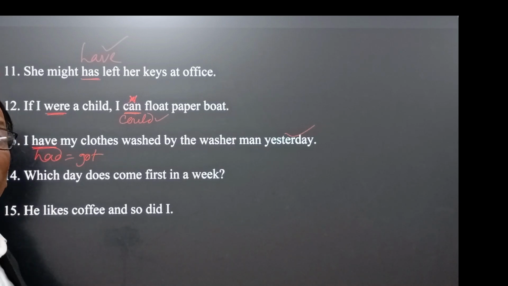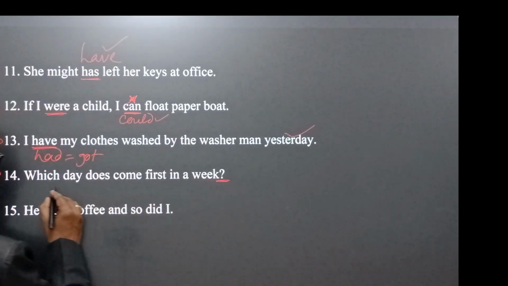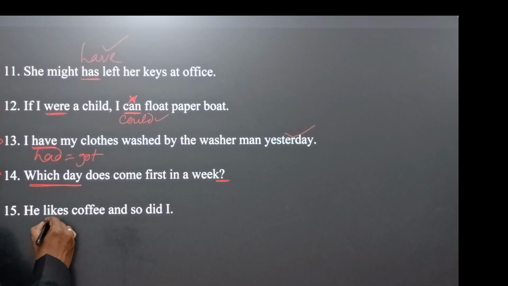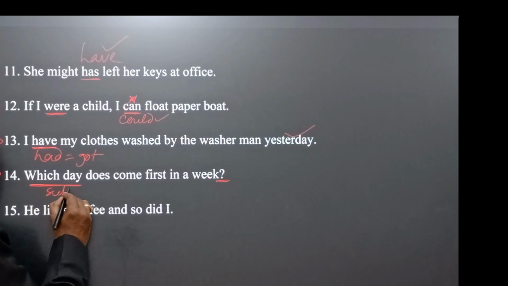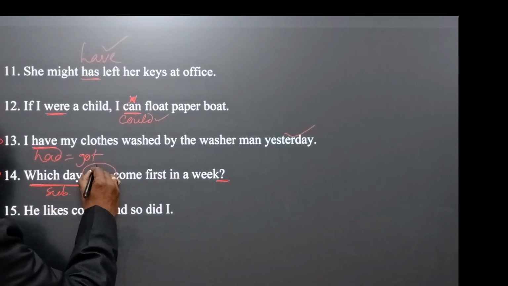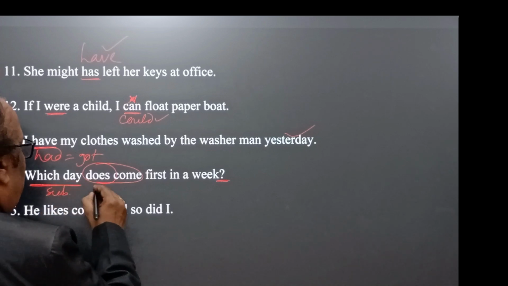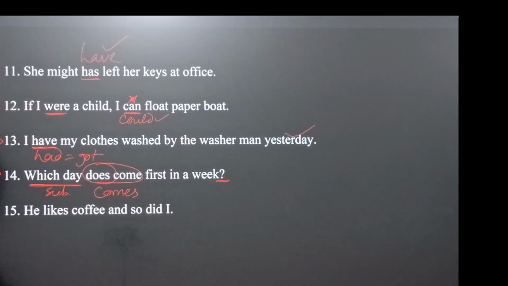Remember, whenever which plus noun is used as subject, then definitely auxiliary verb is not used after it in a question sentence, as which day is a phrase used as a subject. Therefore, does come is the wrong answer and the correct answer is which day comes first in a week.